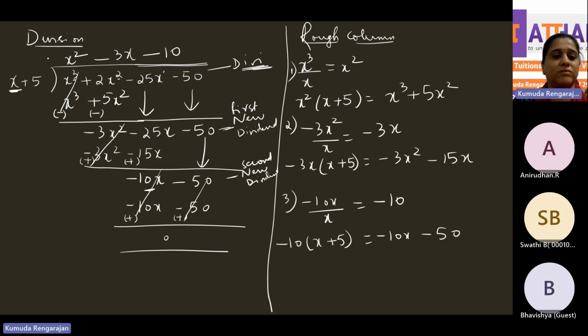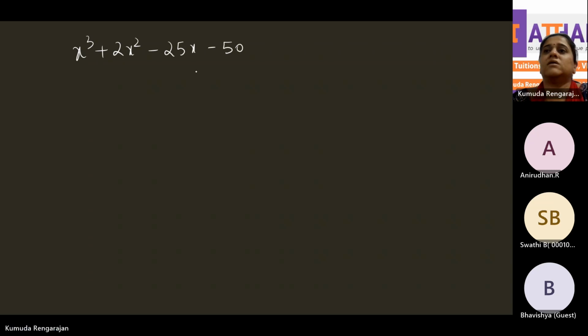Okay, so let me write x cube minus. To use the remainder theorem, we need to name the polynomial first. So let's call this P of x. I told you in one class earlier, this is called P of x because x is the variable.